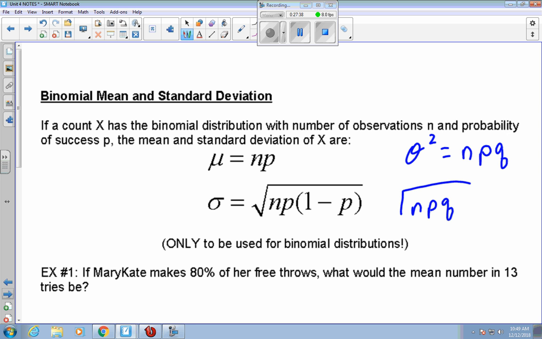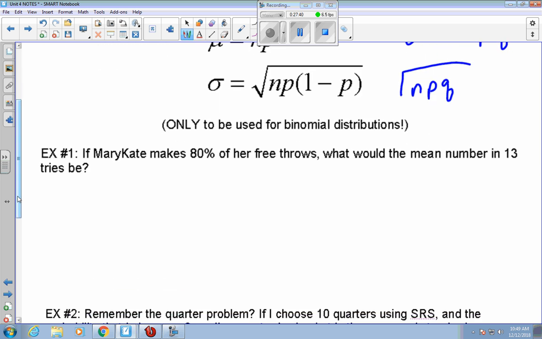So again, Mary Kate, big game last night. She makes 80% of her free throws. What would the mean number of free throws be in 13 tries? Okay, so identify your n, your p, your q. What's n? 13.